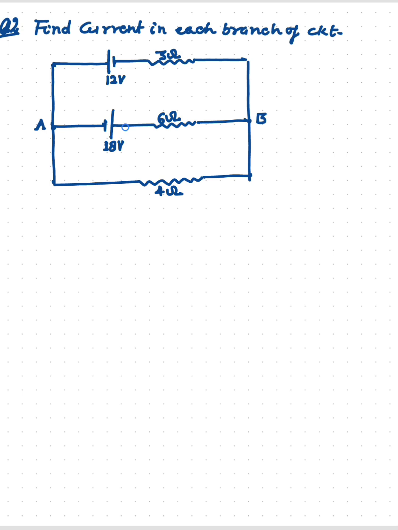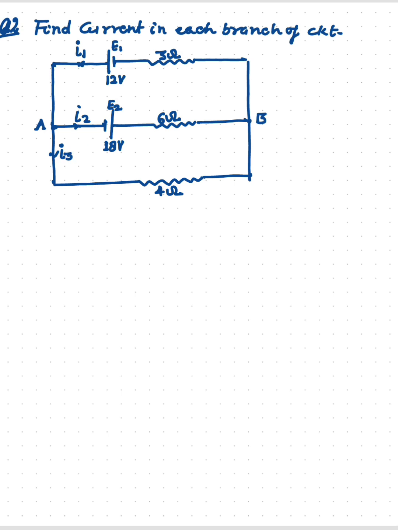Suppose this is the battery E1 and this is the battery E2. I am assuming the I1 current is flowing from this battery. At the junction A, suppose this current is dividing in two parts, I2 and here it is going I3.